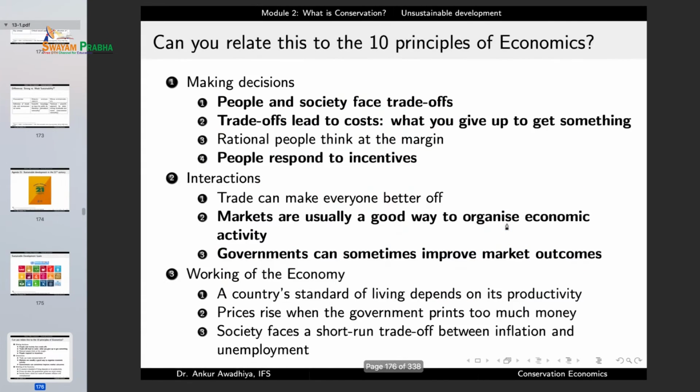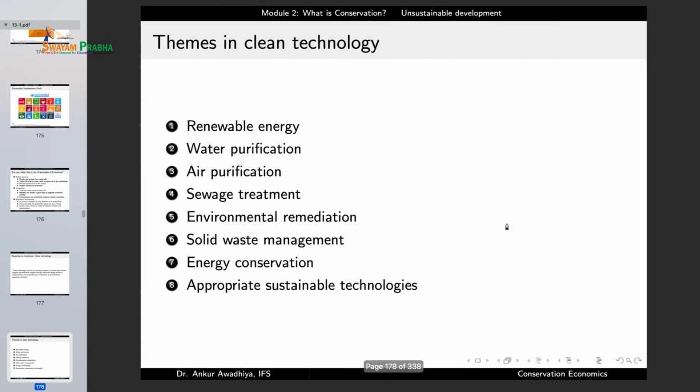So this is one school of thought, the weak and strong sustainability. Then we looked at sustainable development goals and things like clean technology, renewable energy, water purification, air purification. When we talk about clean technology for sustainability, in a number of cases we come to the realization that well functioning ecosystems provide us with a lot of these outcomes.